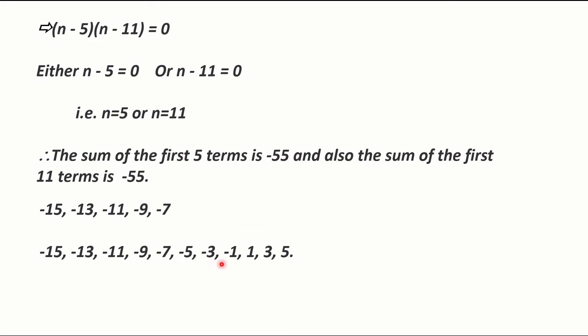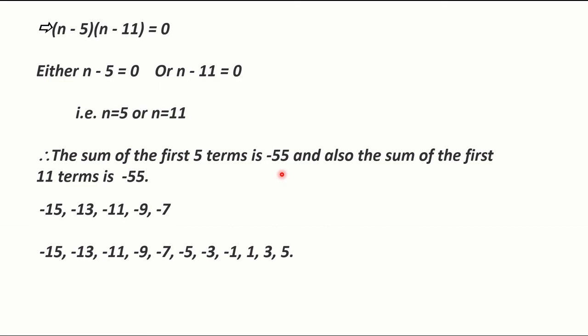And when 0 is added to the sum of the remaining terms, what are you going to get? You are going to get the same as the sum of these 5 terms. So either you add the first 5 terms or you add the first 11 terms, you are going to get the sum as minus 55.